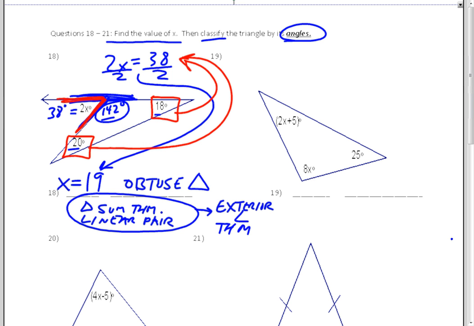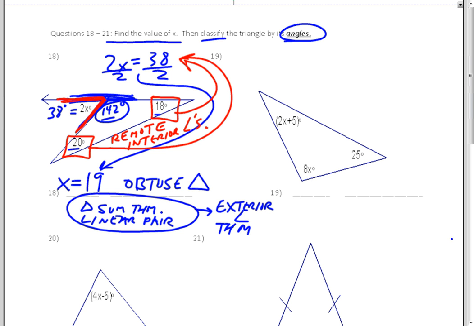In your textbook, they refer to these as the remote interior angles, which is just our fancy way of saying that they're not right next to the exterior angle that we're talking about.